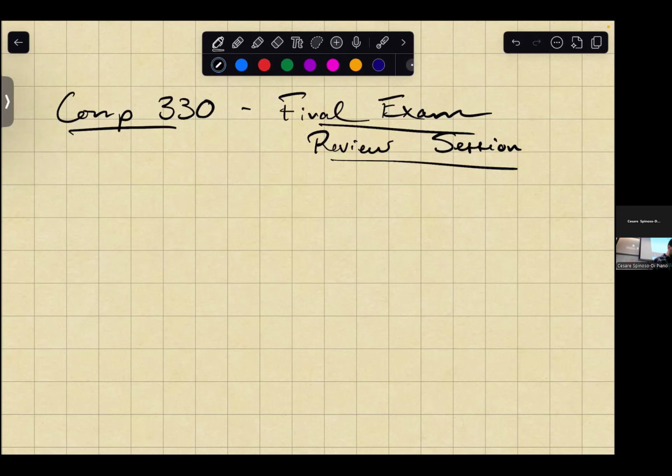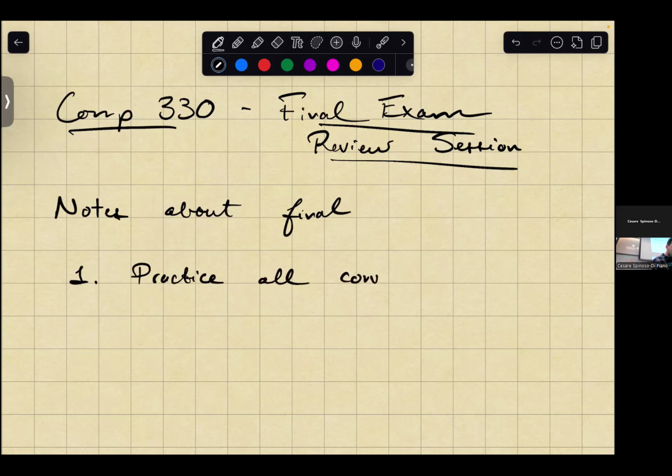Before I do that, I'd just like to give you some notes about the final exam. One very important note that I unfortunately have to remind you of is to make sure to practice all conversion algorithms plus other algorithms, by which I mean algorithms that are not conversion algorithms, like CYK, before the final, to study for the final.